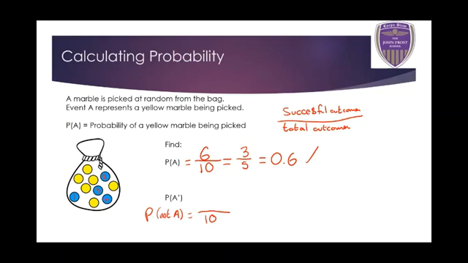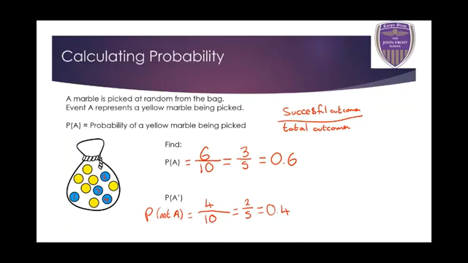So there's 4 marbles that are not yellow. Therefore, the probability of not A is going to be, there's 4 successful outcomes. So it's going to be 4/10. Simplify the fraction to 2/5 and turn that into a decimal will give you 0.4. So well done. Hopefully you got those right, or hopefully you spotted those as I was working them out.